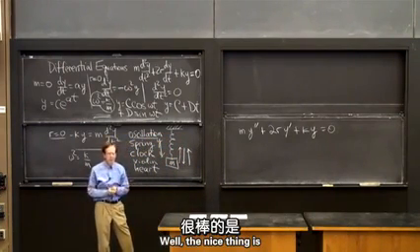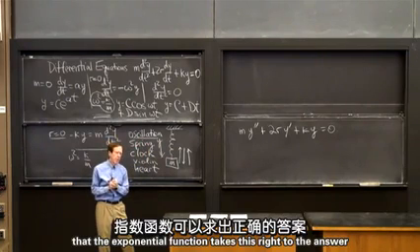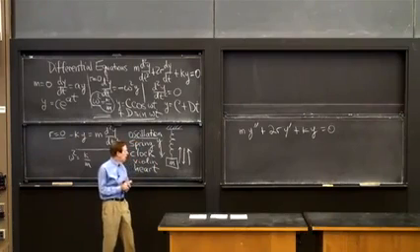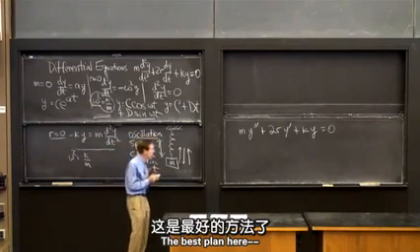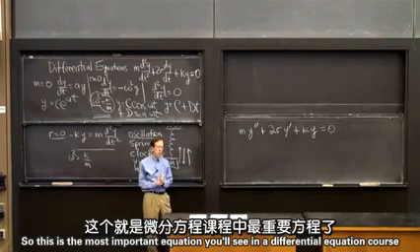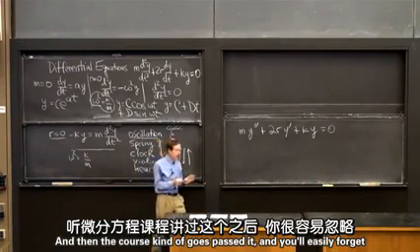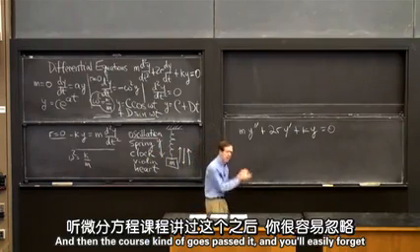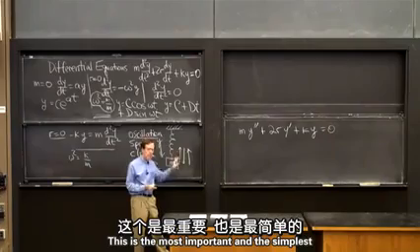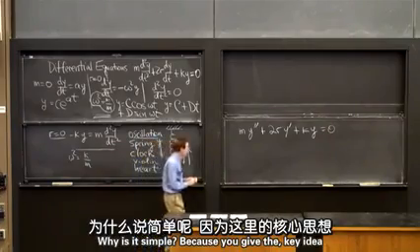Well, the nice thing is that the exponential function takes us right to the answer. So this is the most important equation you would see in a differential equations course. And then the course kind of goes past it and you easily forget this is the most important and the simplest. Why is it simple?